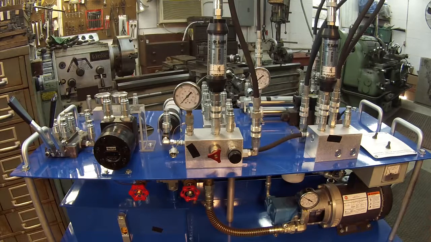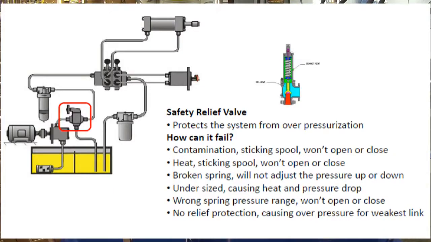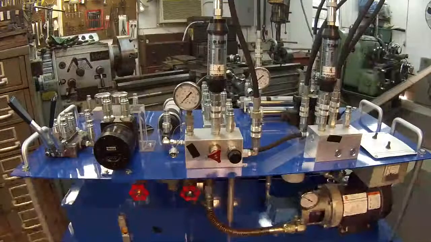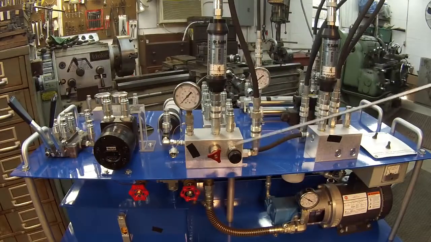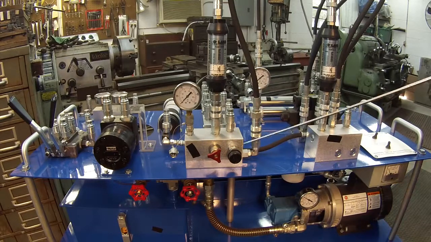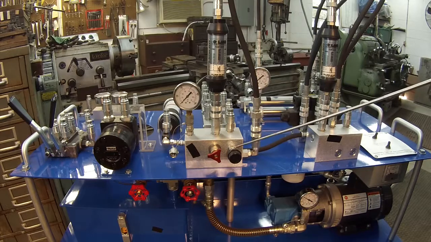Alright, so some of the failure modes on a pressure relief valve is contamination. When it gets contamination in there, you have a spring inside there that moves back and forth, and it doesn't move very well whenever it gets contamination in it. Another one is heat. As your system heats up, these spools inside of here and even over here on your directional valve will start sticking.